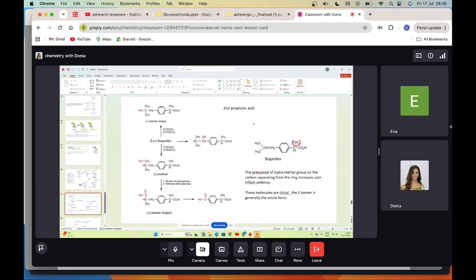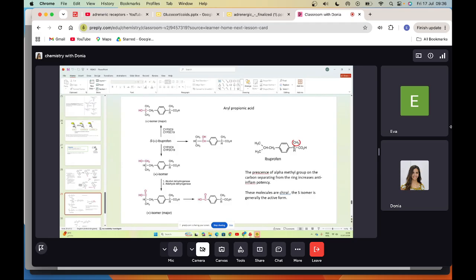Now the aryl propionic acid, as we said, this is one of the aryl propionic acids. This carbon would have a CH3 group, right? Again, we have an aromatic ring, one carbon spacer, COOH, but this carbon is going to have an R group.